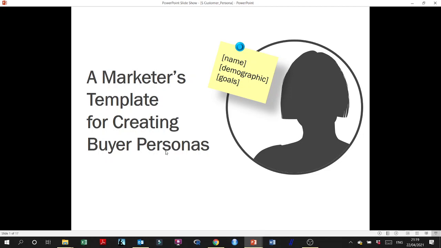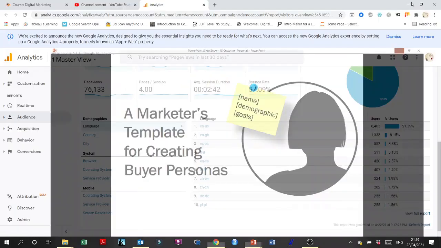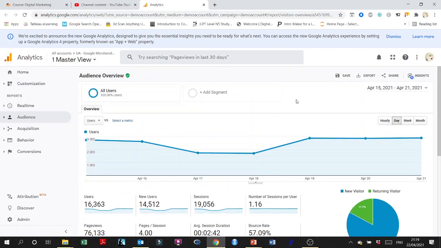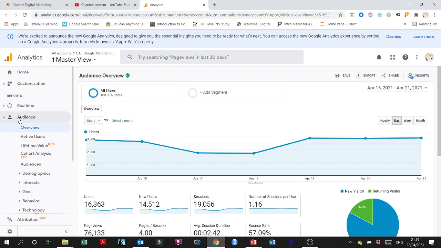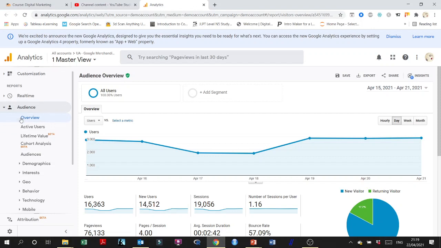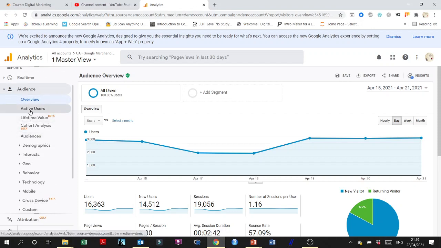the buyer, consumer persona template. So if you were given a task, for example, to come up with a template of different segments of traffic, of audience coming into your site, the first thing you're going to do is go to audience, and you can get information here.